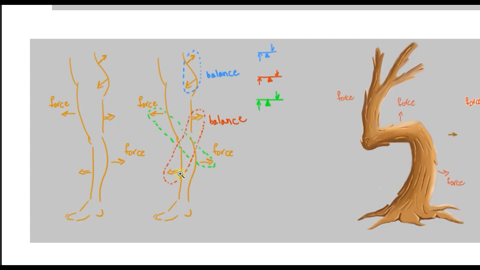This force balances this one. This force balances this force. And this force balances this force. It's like a seesaw. So if you look at nature, there's always balance between different forces. So you can see a form is beautiful because nature is following the simple rules.